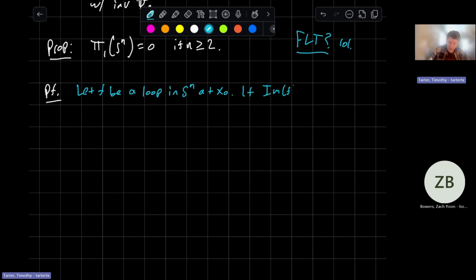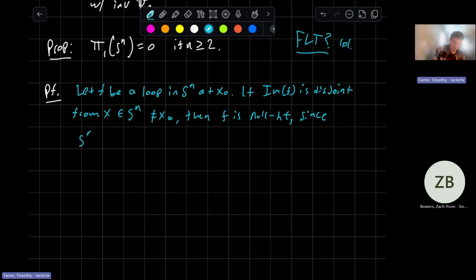If the image of f is disjoint from some x in S^n, not equal to x naught, then f is null homotopic, since S^n minus x is homeomorphic to R^n, which is simply connected.